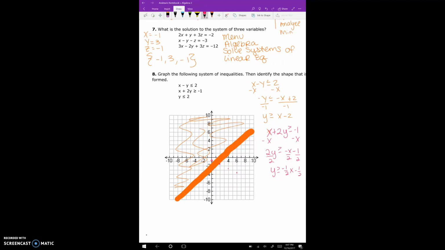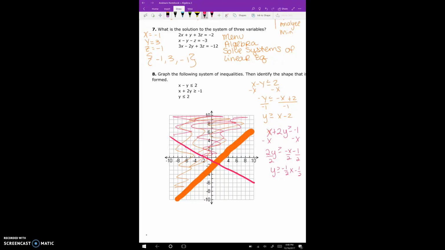This is something that if you had a calculator, you would be able to see in your calculator, so you wouldn't have to actually plot it by hand. But here's mine. Let's make that not quite as thick as I did last time. That was a bit too much. And again, it says greater than or equal to, so I do need to shade above.